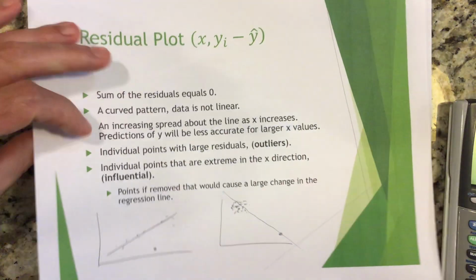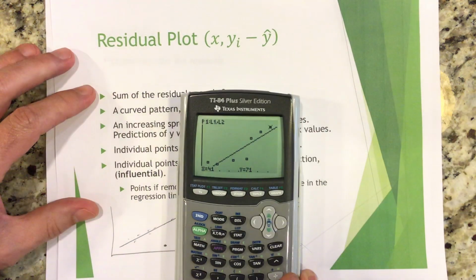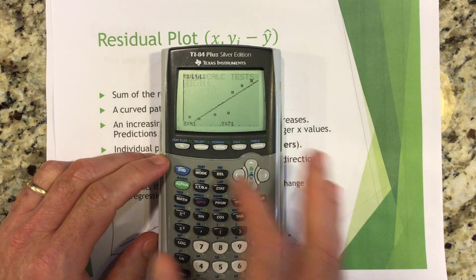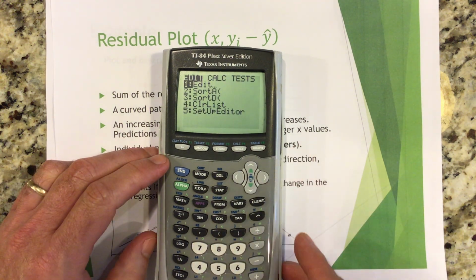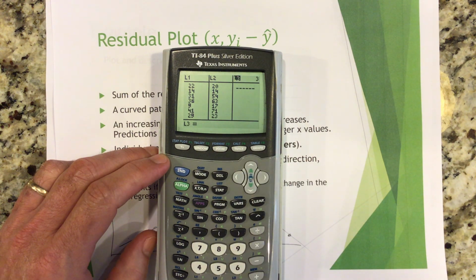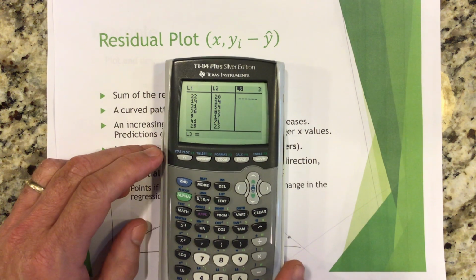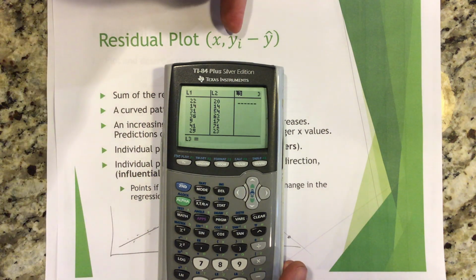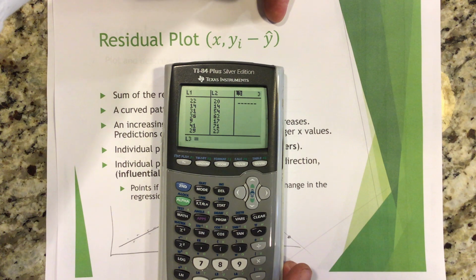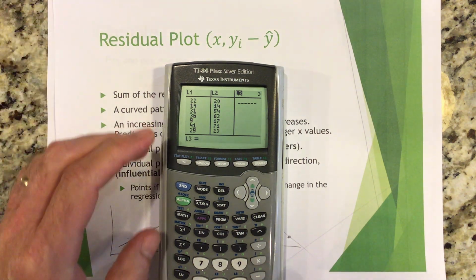All right, so let's actually do the residuals. What I need to do is calculate my errors or residuals, and I showed you that before. We're going to have an empty list, highlight it, and then define the list to take the y coordinate minus the predicted y coordinate at the corresponding x value.